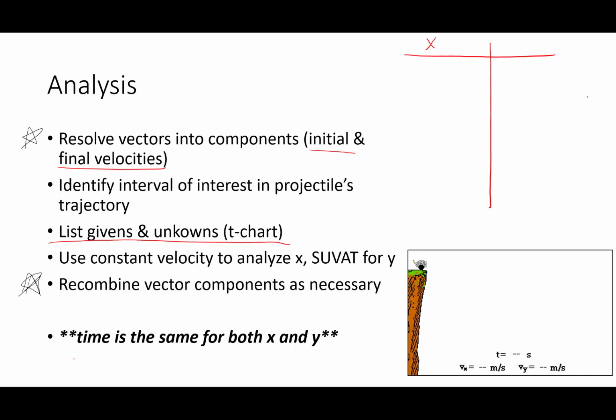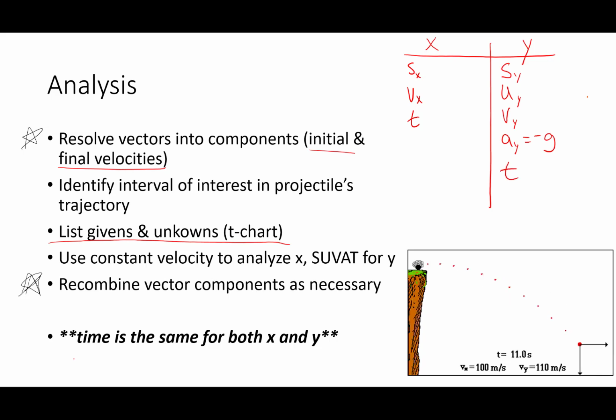We're going to break our motion down into x and y, and our x variables are going to be displacement, velocity in the x direction, and time. And our y variables are going to be displacement in the y direction, initial velocity in the y direction, final velocity in the y direction, acceleration in the y direction, which is just negative g, and time.